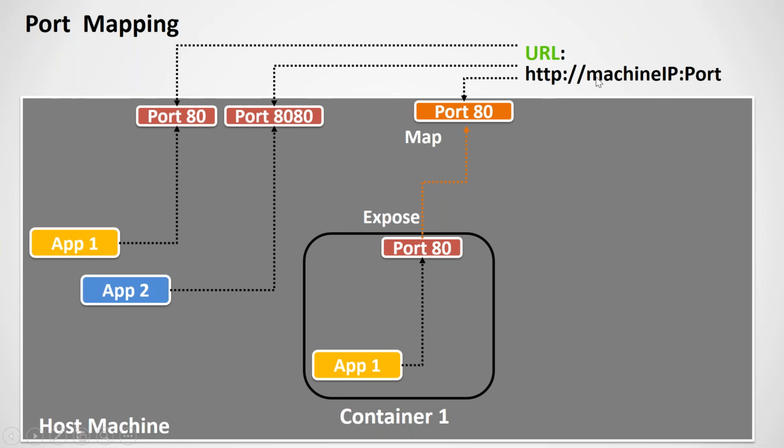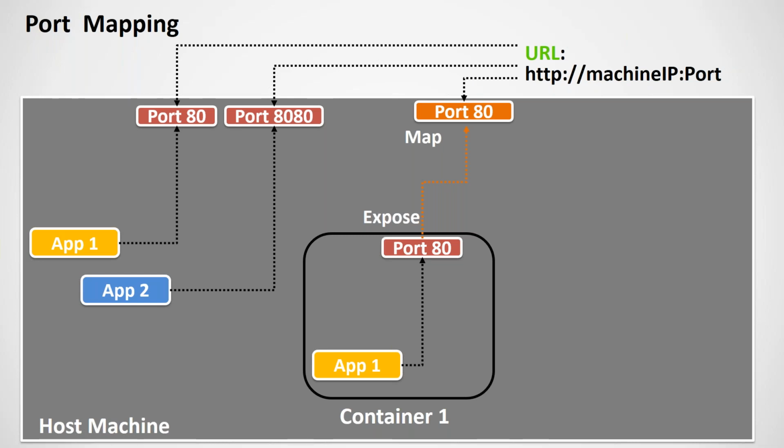When you try to reach this machine, the connection will come to this port, and this port internally is nothing but a map or a link to the actual port which is available inside the container. This is the only way we will be able to access a web application running inside the container. This way of linking or exposing the container's port and mapping that to an available port on the host machine is what we call port mapping.